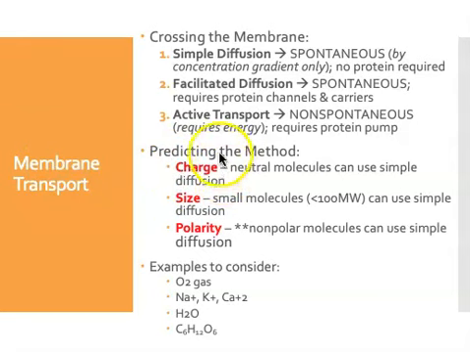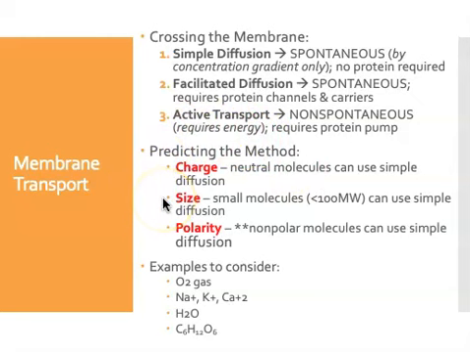Any molecule or atom that has a charge on it is not going to be able to cross a membrane between the phospholipids. In other words, it's not going to be able to use simple diffusion. That means only neutral molecules, only uncharged molecules, are able to pass in between the phospholipids and come across a membrane.